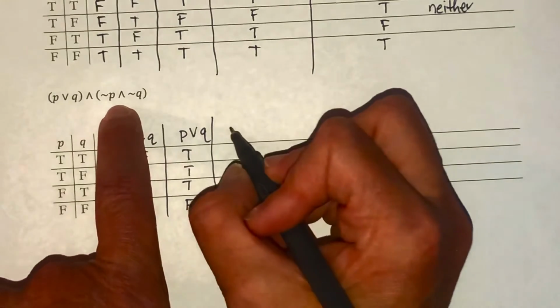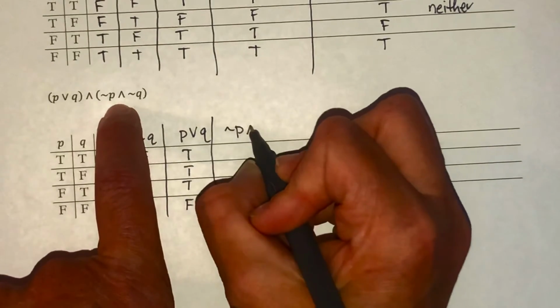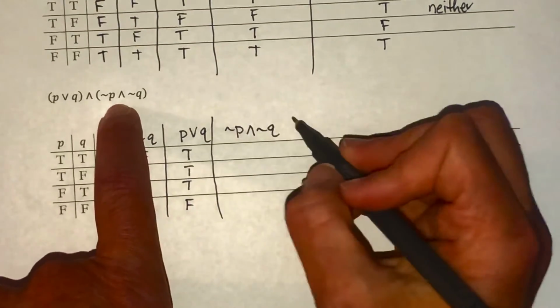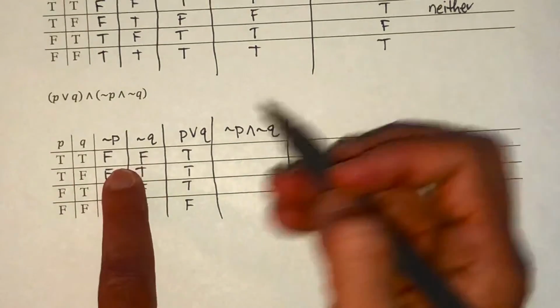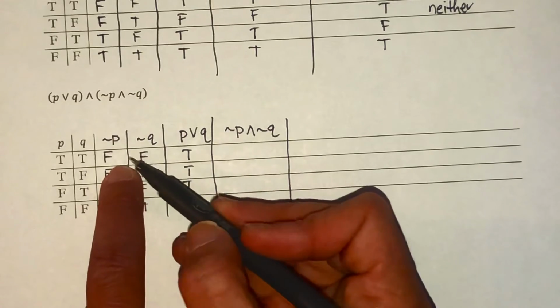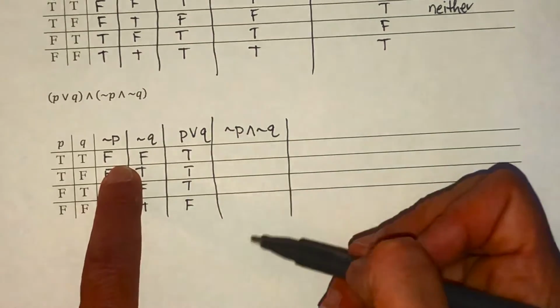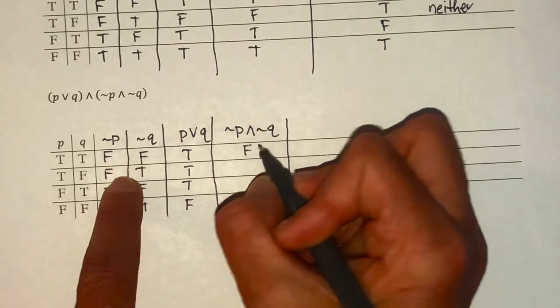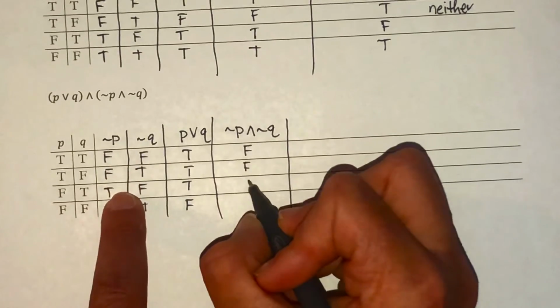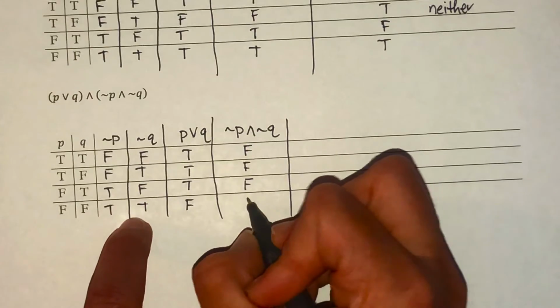Okay, now this part, not P and not Q. So not P and not Q are these two. And with and, they both need to be true in order to be true. So this one is false, false, false, and true.